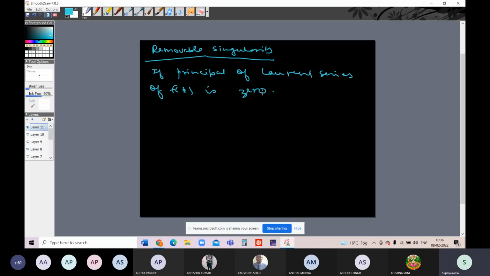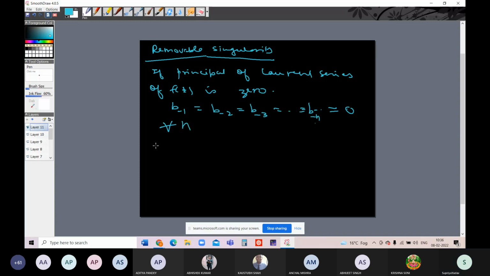By using the Laurent series, if the principal part of the Laurent series of a function f(z) is 0, it means that all the coefficients b_1, b_2, b_3 and so on, all will be 0 for all n.